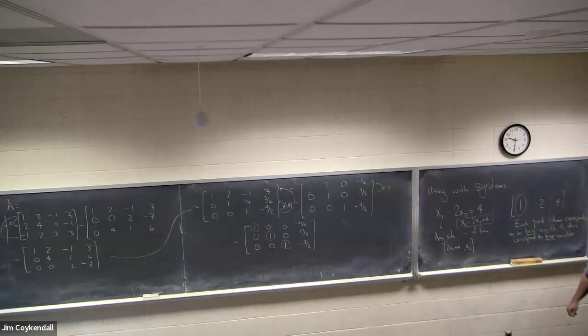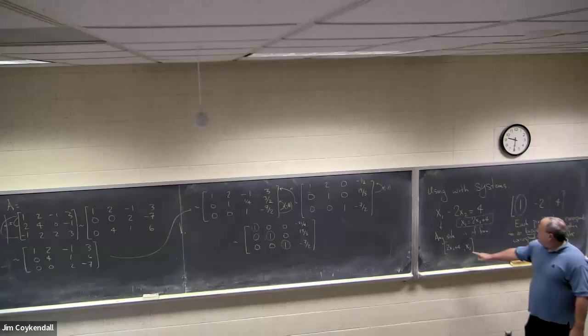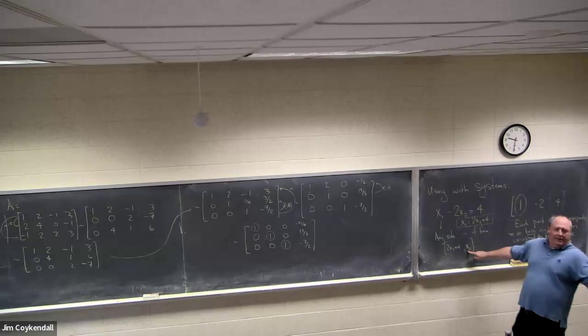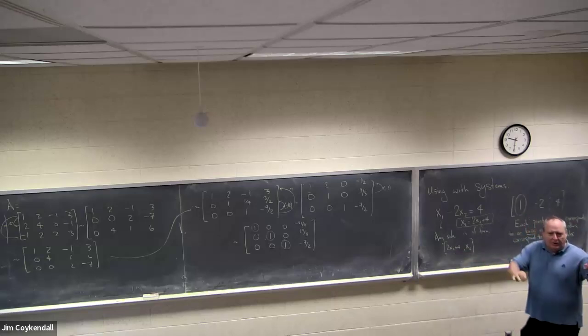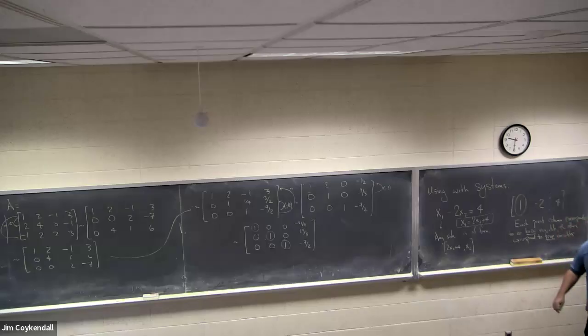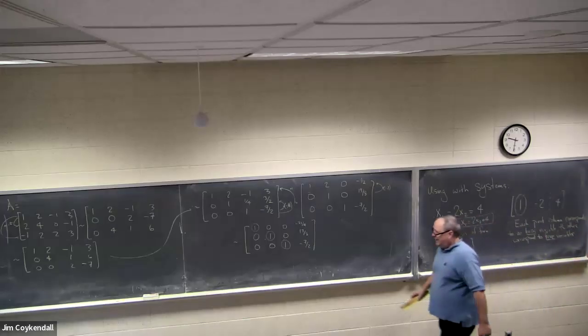I think free is suggestive terminology, because when it's a free variable, it means you can plug in anything you want for it willy-nilly. Basics are determined by what the frees do. So in this example, x2 is free. I can let x2 be anything under the sun I want, and then that tells me what x1 is. The frees are the ones where you can do anything you want, and the basics are determined by what you choose for the free ones.